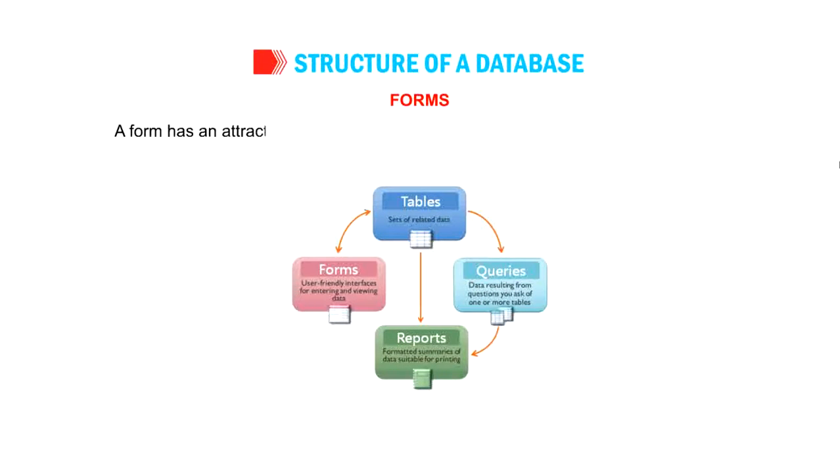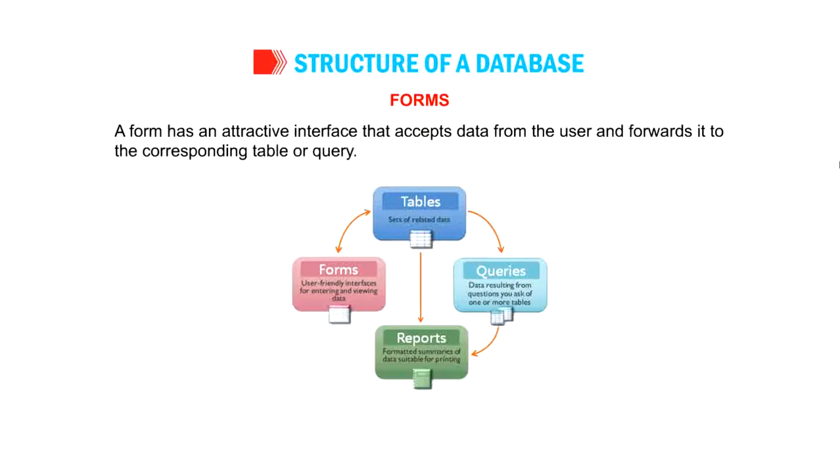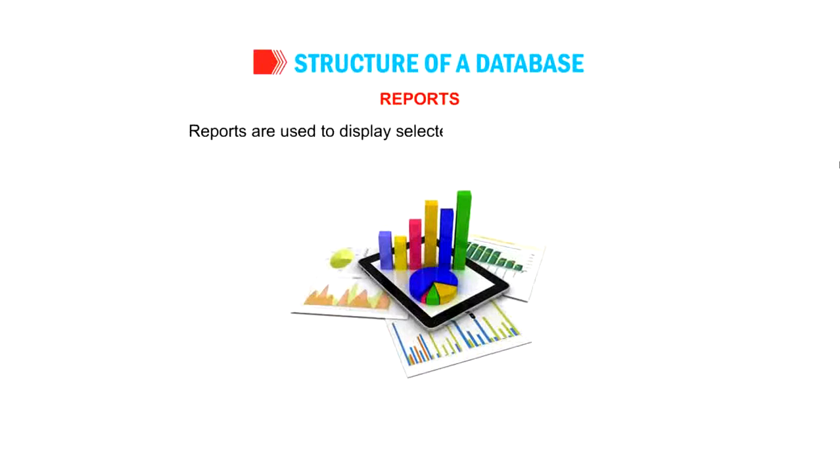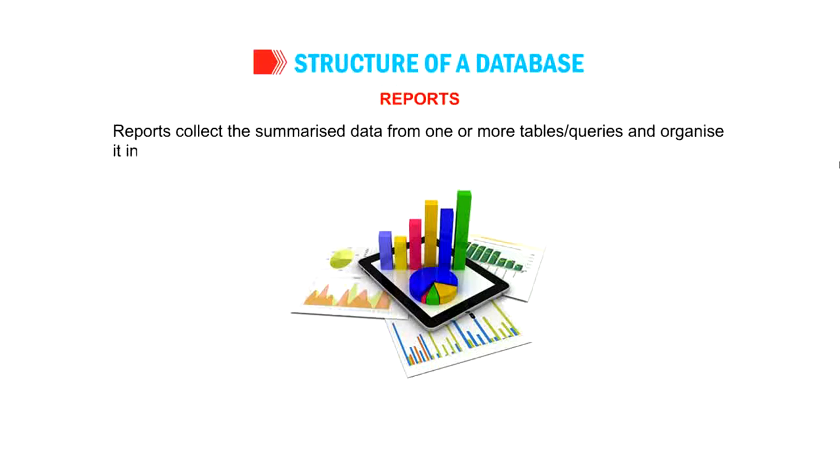A form has an attractive interface that accepts data from the user and forwards it to the corresponding table or query. Reports. Reports are used to display selected data in a printable format. Reports collect the summarized data from one or more tables or queries and organize it in a printable form.